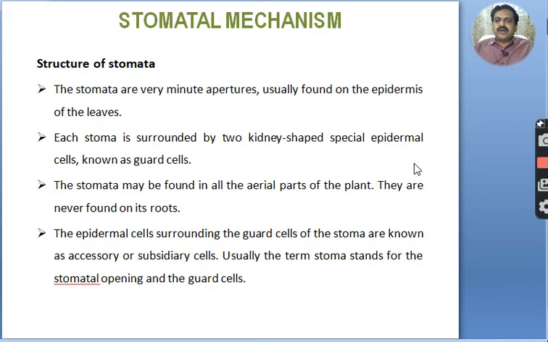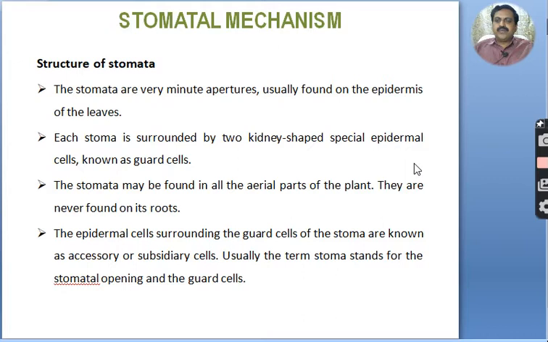the stomata are minute microscopic openings, apertures, which are confined to the epidermal layer of leaves and also the stem when the stem is young. And they are found in all aerial parts of the plant, never on the roots.